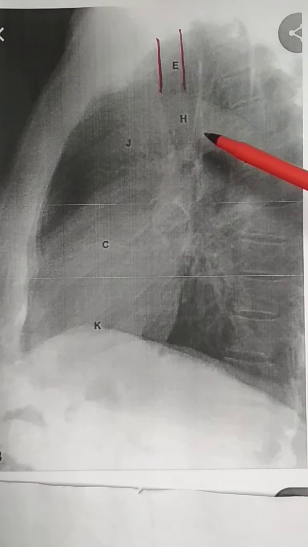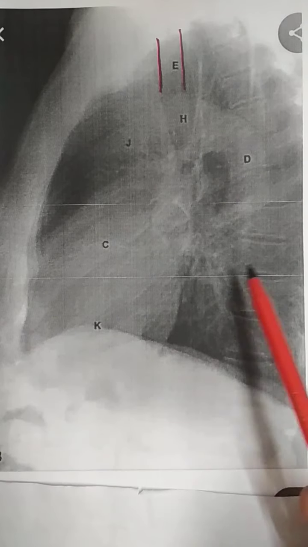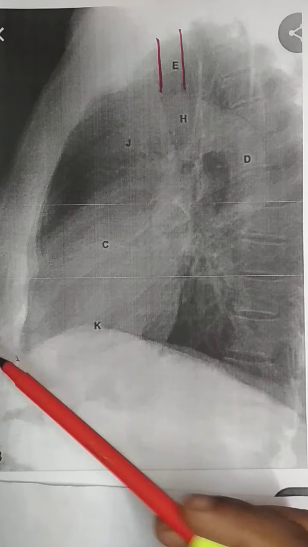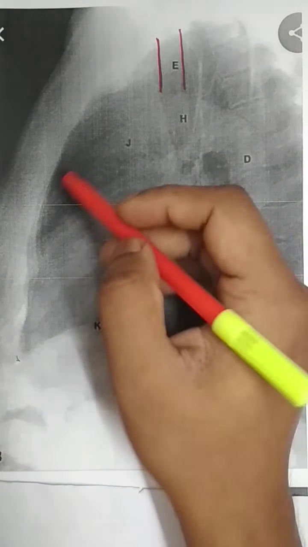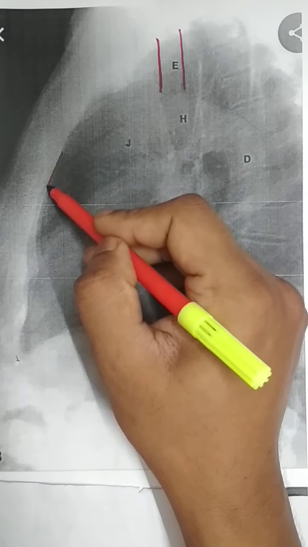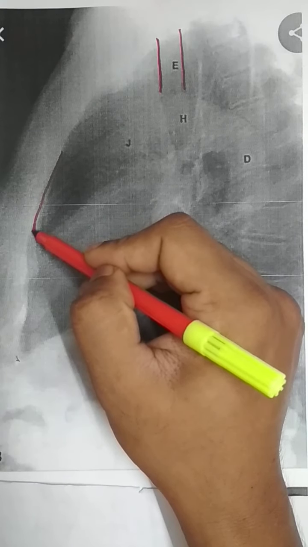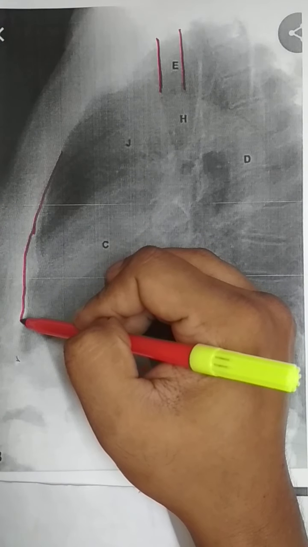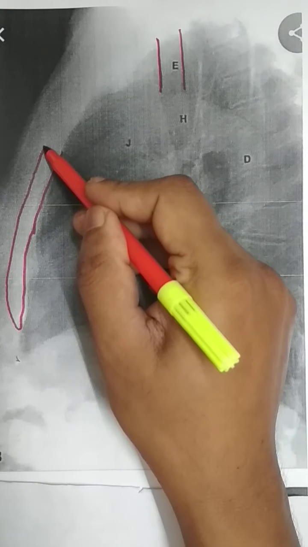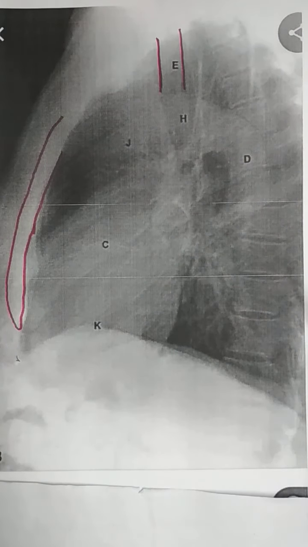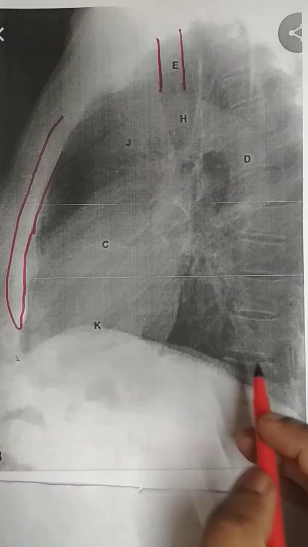Then B for the bones. Here there are two bones, one is the sternum and the other one is the spine. We can mark the sternum, it is easily visible. So this is the sternum. Then the spine is also very much visible in the X-ray.